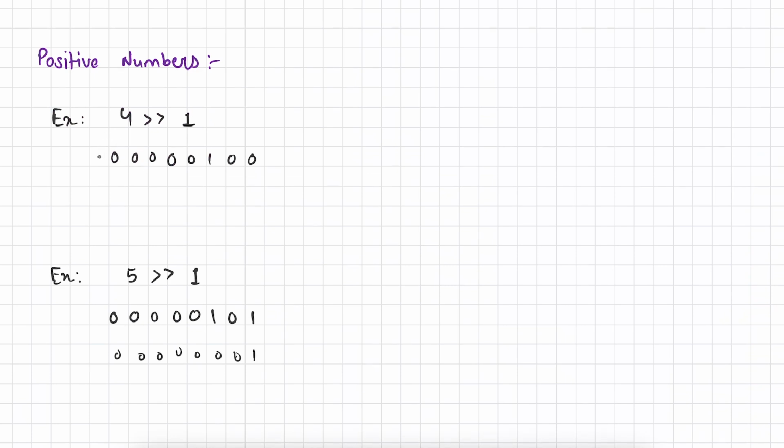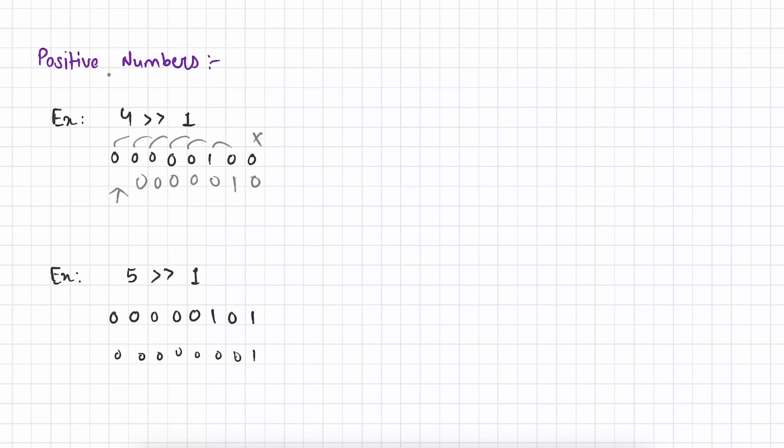Here is the binary representation of the number 4, and we want to right shift 4 by 1. What happens? The rightmost bit gets simply ignored and all the bits are shifted towards the right. Correct? Now this place is blank.